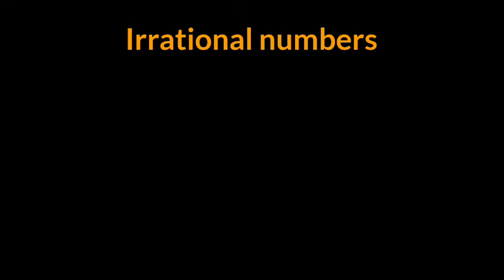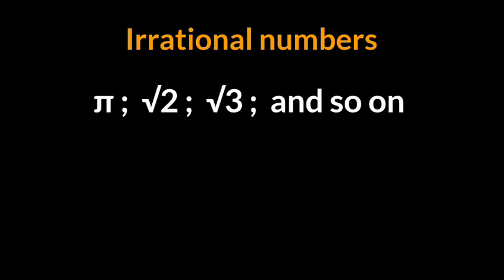Examples of irrational numbers are your pi in mathematics, your square root 2, your square root 3, and so on. Right? Irrational numbers cannot be written as a fraction with the numerator and denominator as integers. Okay? Now, let me try to explain further.